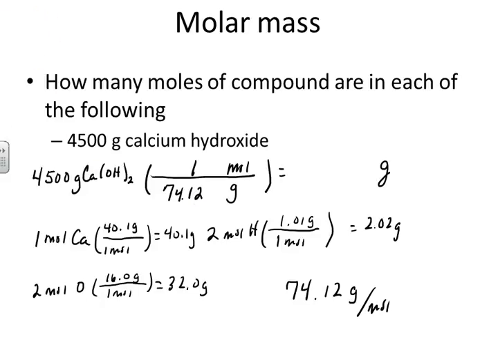So then all we have to do is divide 4,500 by 74.12, and that gives us 60.71 moles of calcium hydroxide.